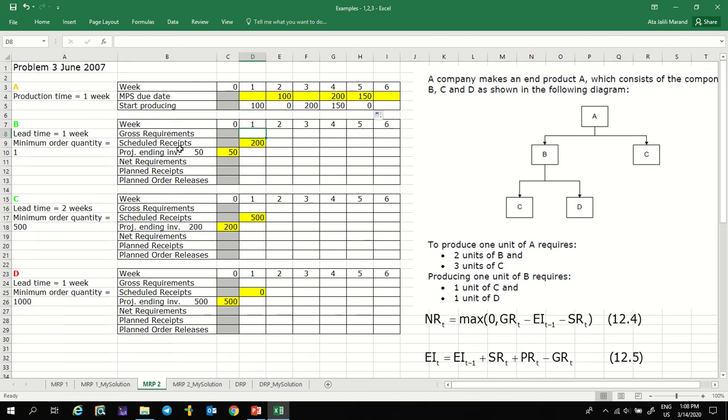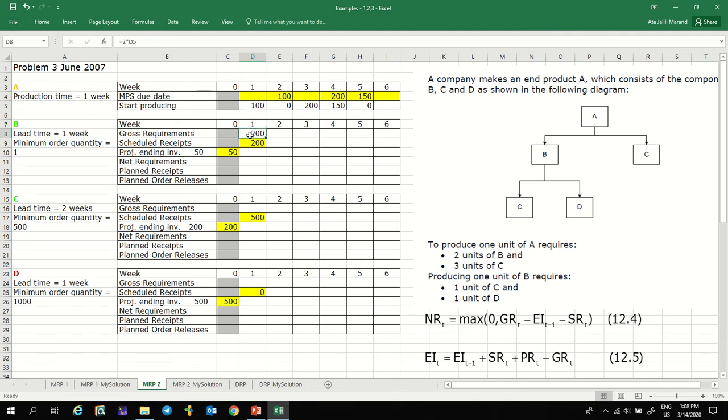Or in other words, I want 2 times 100 units of B to be ready in week 1. Why 2? Because each product A requires 2 units of B. So to be able to start producing 100 units of A in week 1, I want 200 units of B to be ready in week 1.